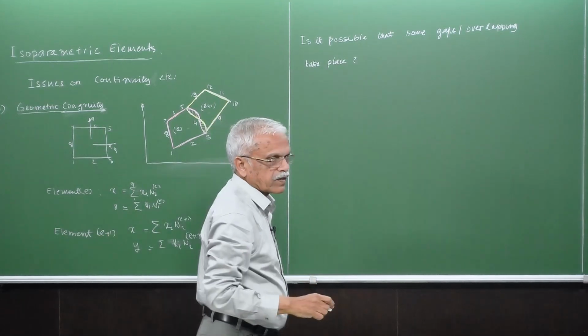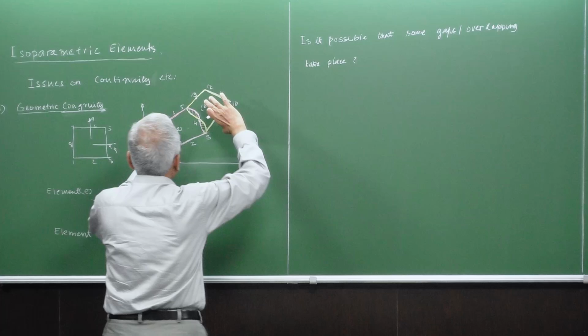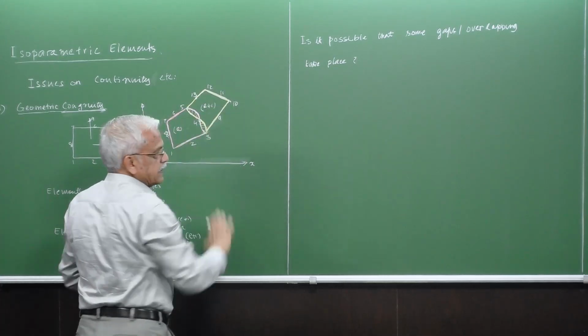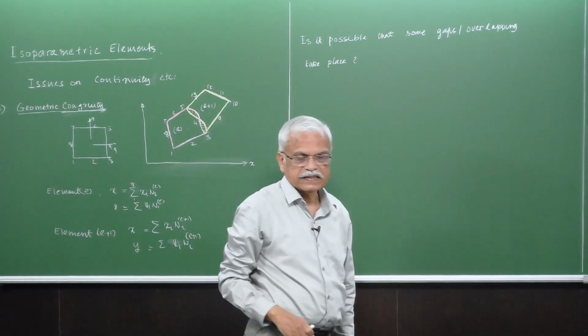This is called geometric congruity, in the sense that whatever element you generate here and whatever element you generate here, are they just touching each other?